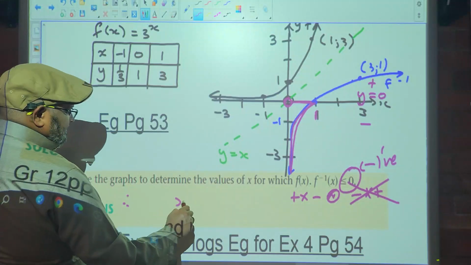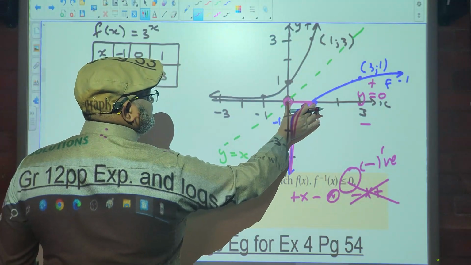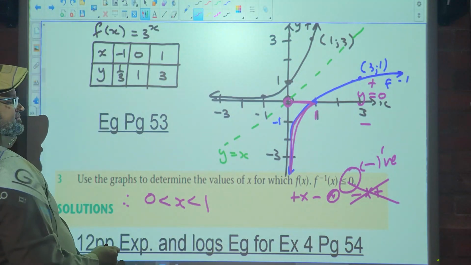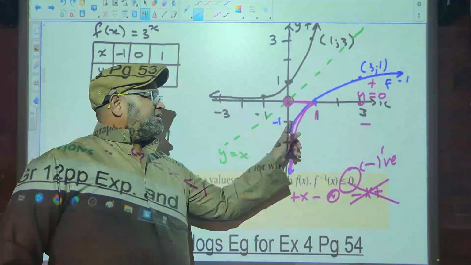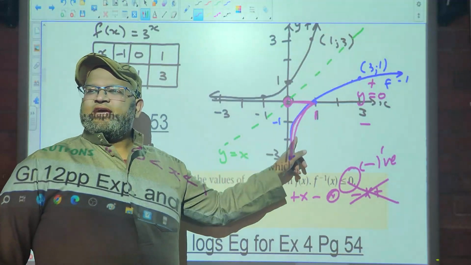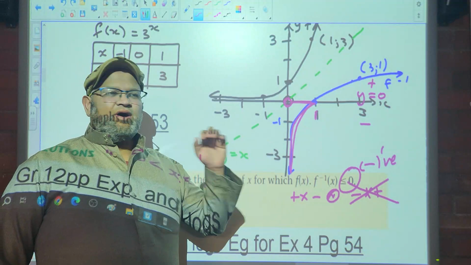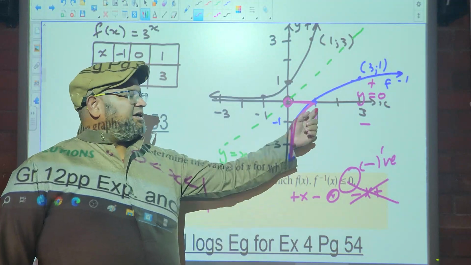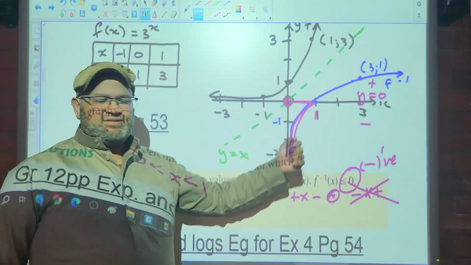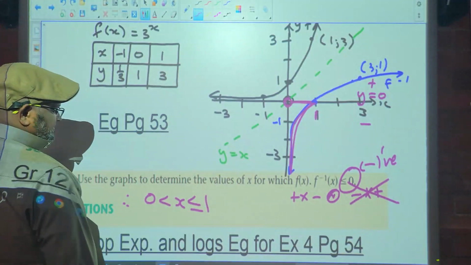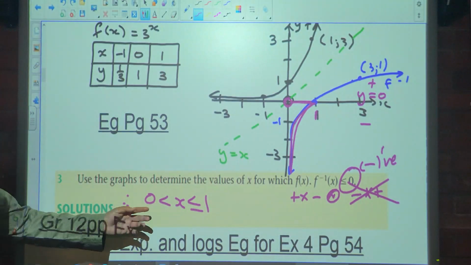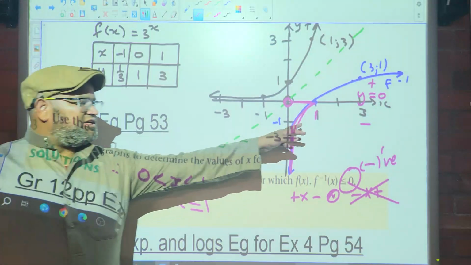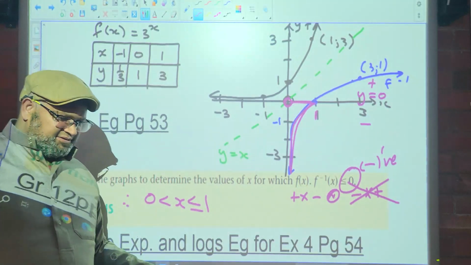Is this a continuous or a bracket solution? Continuous. X is greater than 0 but less than or equal to 1. So what do we say about at 0? Can it be equal at 0? Why? Undefined. Can it be equal to at the 1? Why not? Okay, so it's undefined at 0, so I'm going to omit the equal sign here. But because it's equal to 0 at 1, I'll include the equal sign.